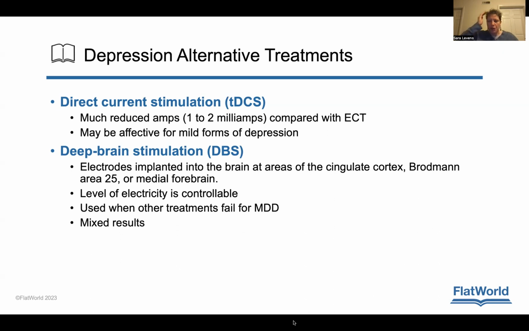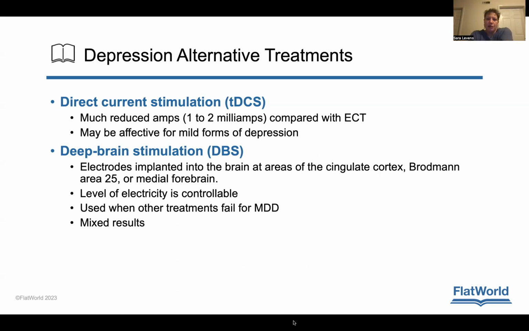The direct current stimulation is actually a modified form of the ECT, where instead of having it go through your whole head, you have a machine that would, through direct current stimulation, try to address those particular areas.